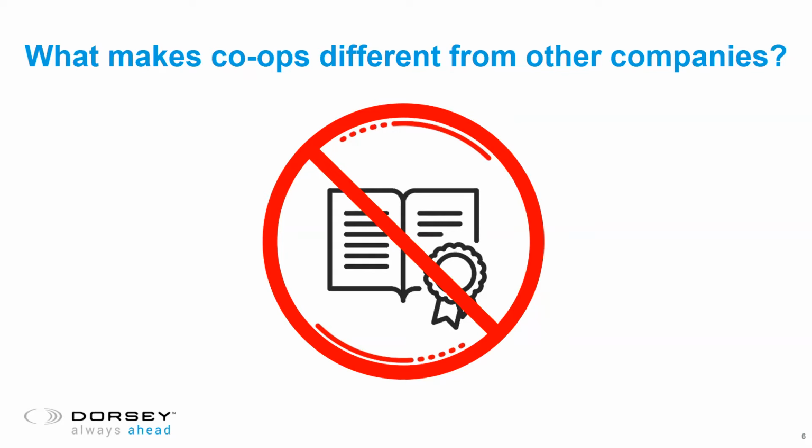Absolutely. So I'm going to put it this way, Mike. There are areas where co-ops are, quote, different than other kinds of companies. For most of the things that a co-op does, when it comes to legal and regulatory, the fact that you're a co-op really makes very little difference.